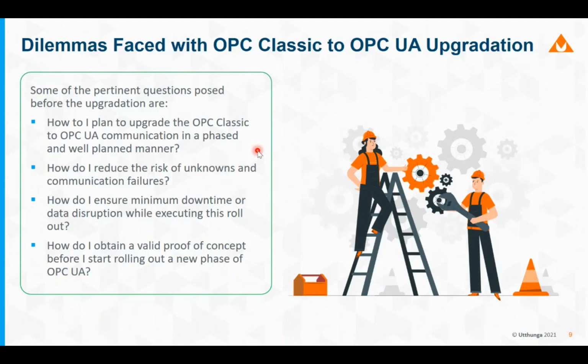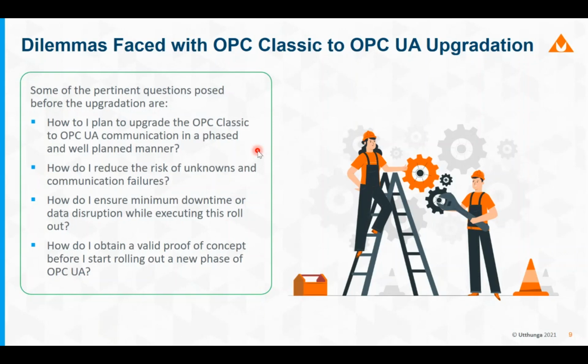Now, the last point is valid proof of concept. If you look at the way we walked through the case study, we started with the proof of concept only, right? When we got a tunneler working across the DMZ, the first proof of concept showed that UA is working in the DMZ zone. I can open the firewall ports and it can use the firewall port properly and it is working.